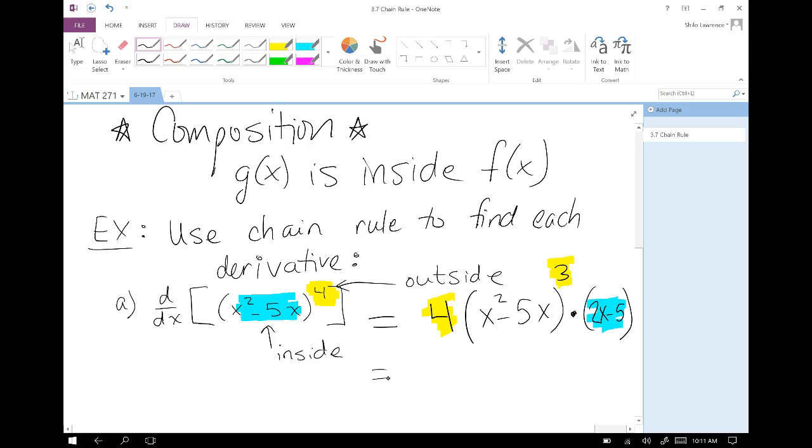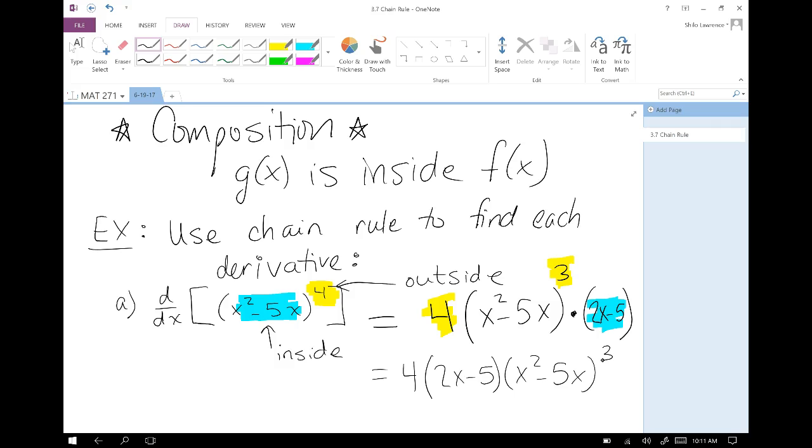How we write this as our final answer is completely up to you. What we have written right now is perfectly fine. A lot of times if there's something with a power, they usually like to write it at the back. It really doesn't matter. We could go ahead and distribute the 4 into the 2x minus 5. Could we distribute the 4 into the x squared minus 5x?